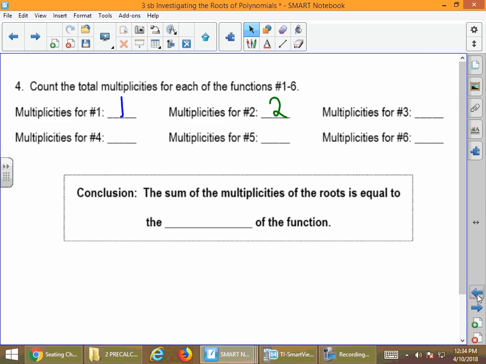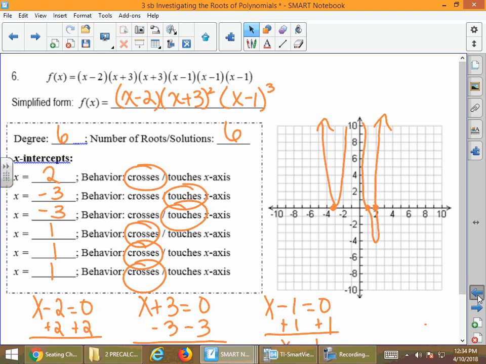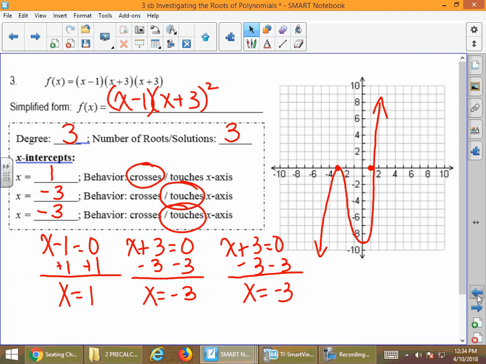Multiplicity for number 3. Well, the multiplicity on x minus 1 is a 1. Multiplicity on x plus 3 is a 2. And 1 plus 2 will give us 3.